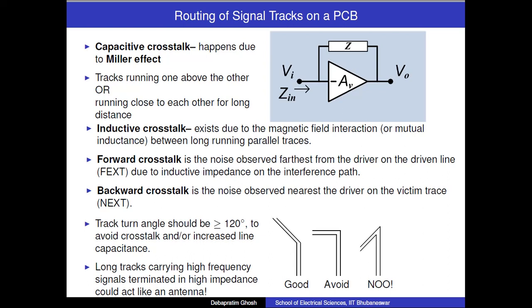Because the sharper the turn becomes, the more is the discontinuity, and therefore this can lead to impedance mismatch and reflections, specifically for high frequency signals. And remember that if there are very, very long tracks carrying high frequency signals, the size of that track can be comparable to the wavelength, and therefore those lines could also start behaving like a bad antenna and start radiating, and that's the last thing you want.